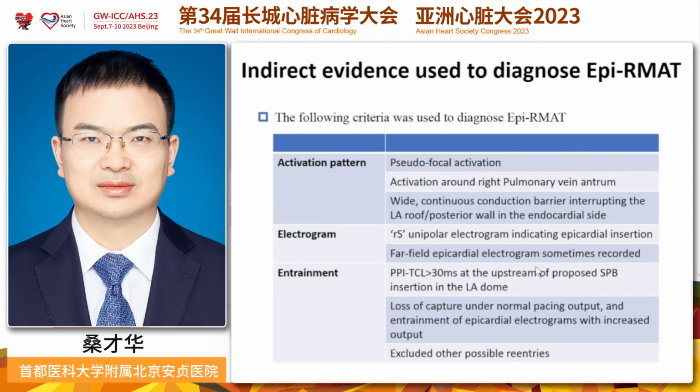We also do entrainment mapping: PPI minus TCL more than 13 milliseconds upstream of the proposed SPB insertion in the left atrial dome, loss of capture under normal pacing output, and entrainment of epicardial electrograms with increased output. We use entrainment mapping to exclude other possible reentries.